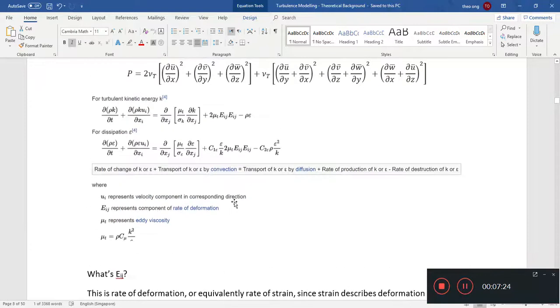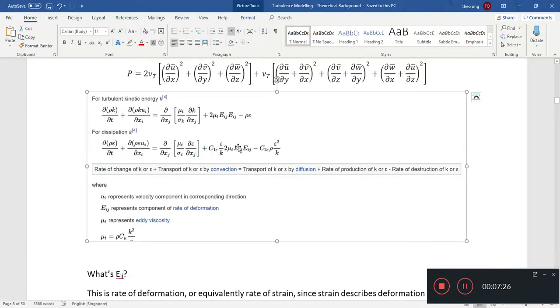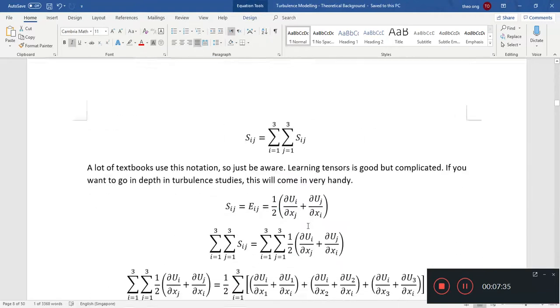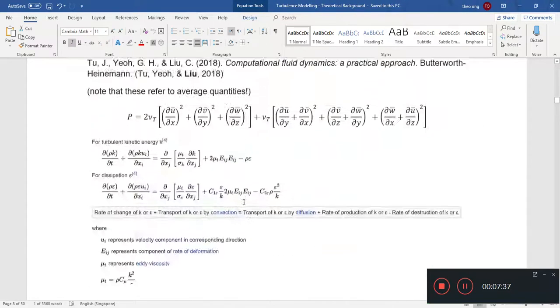Okay, so this E_ij thing here represents the production and dissipation. This is what E_ij is. I discussed that before, so I'm not going to go through that again.